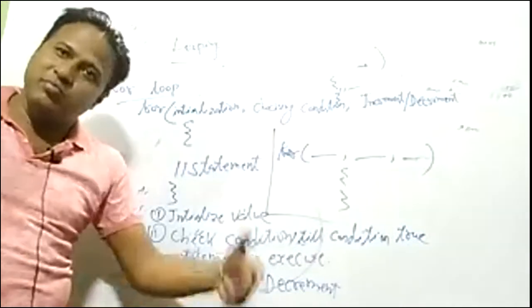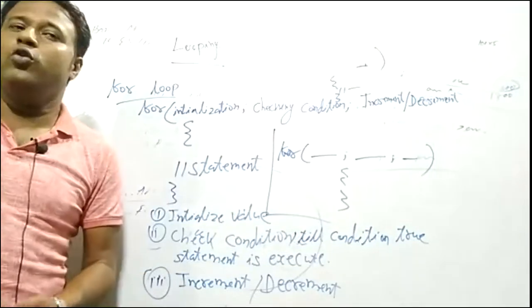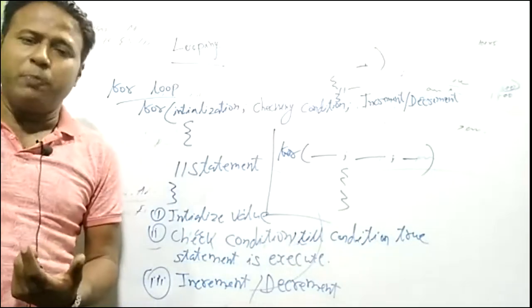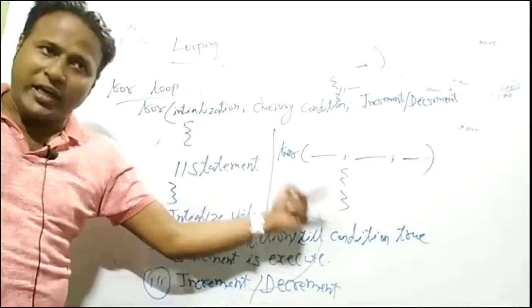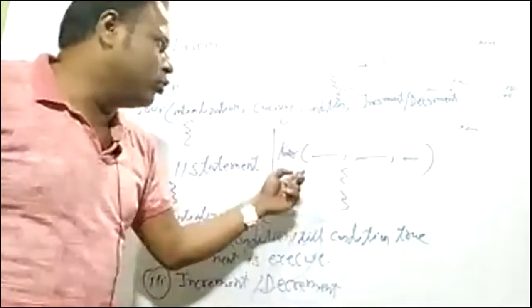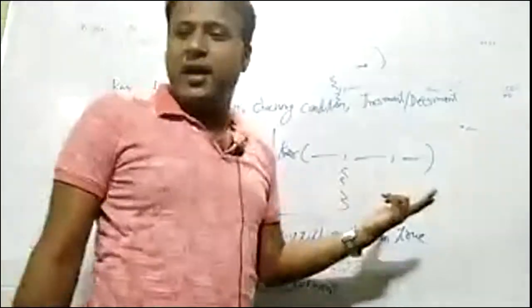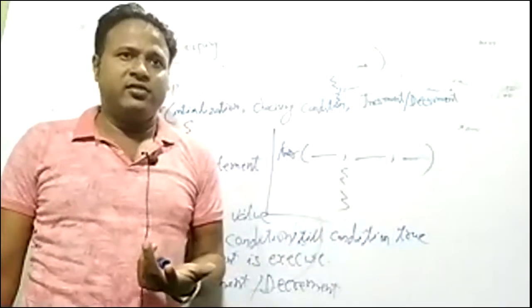Okay, so looping just keeps going on. Okay, so if you want to run your looping till infinity, then you have to keep all the 3 parts blank. You have to make your initialization blank, checking condition blank, increment and decrement blank, right?